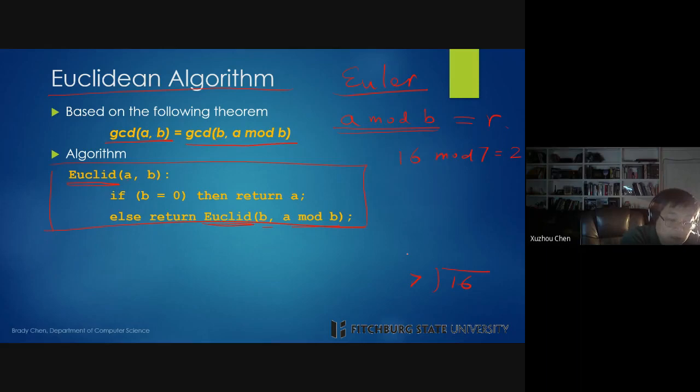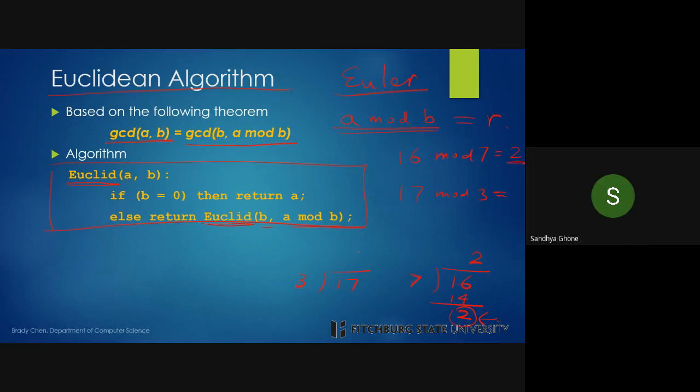The quotient is 2. 2 times 7 is 14, and for the remainder, 16 minus 14 is 2. So the remainder is 2. Now 17 modulo 3? 2. Oh, also 2. That's interesting.